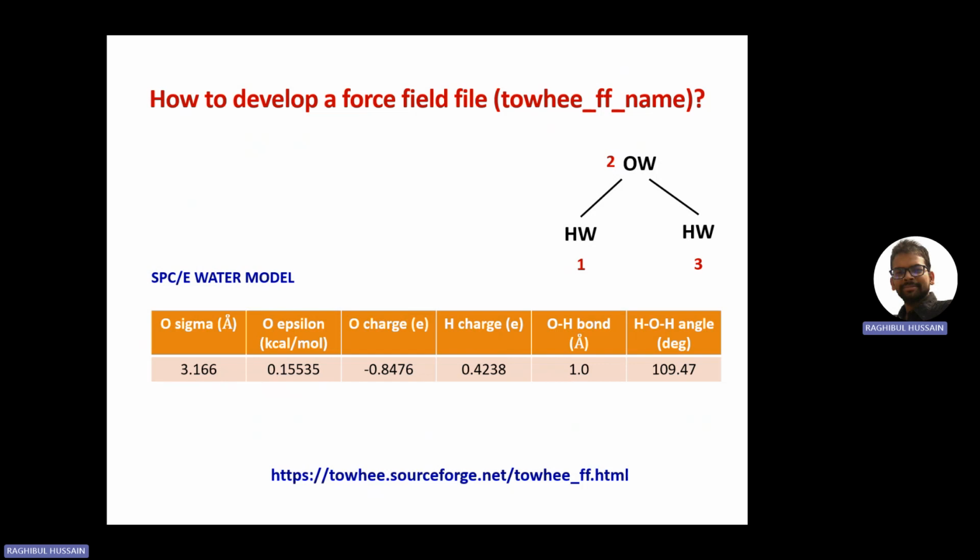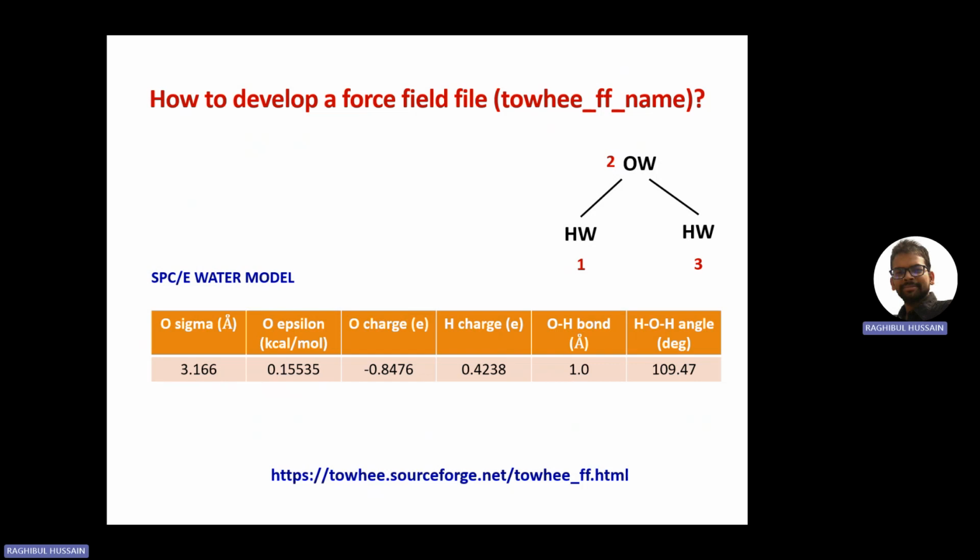We calculate bond energy by the equation K times R minus R naught, whole squared. Here K is a constant, and R naught is the equilibrium distance. So this 1 angstrom is your equilibrium distance, and R will vary as the molecules move inside the box.